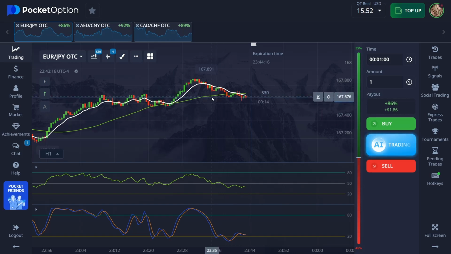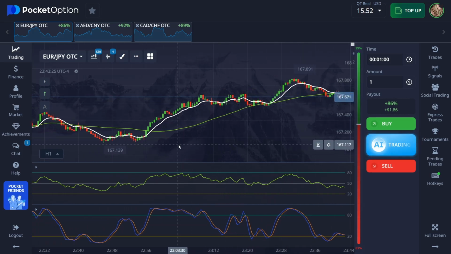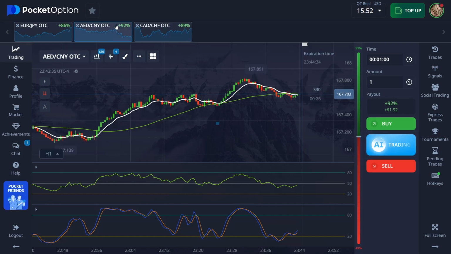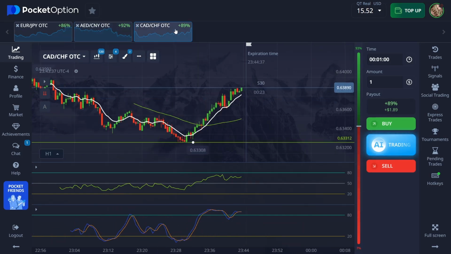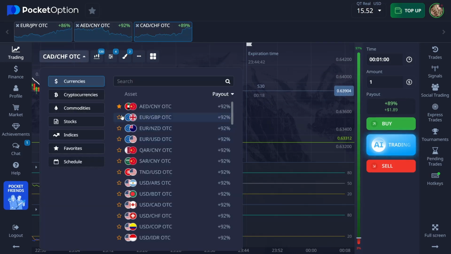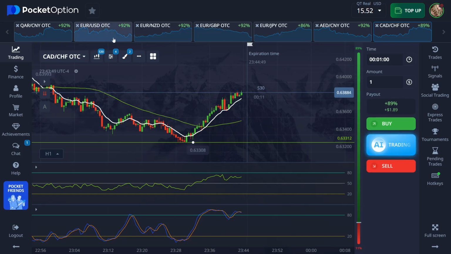So the 50 SMA actually helps you identify the market tendency. It tells you when you're in an uptrend, like here, you'll see it's below the price. Now you're definitely in an uptrend. If you're in a downtrend, then it would be above the price. Okay, let's look for an example of a downtrend.